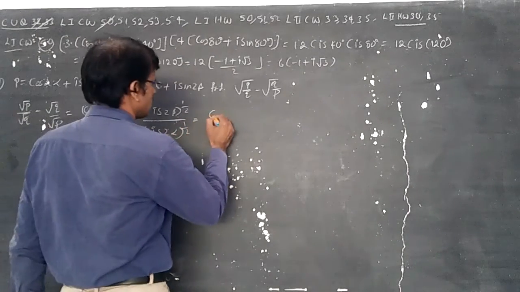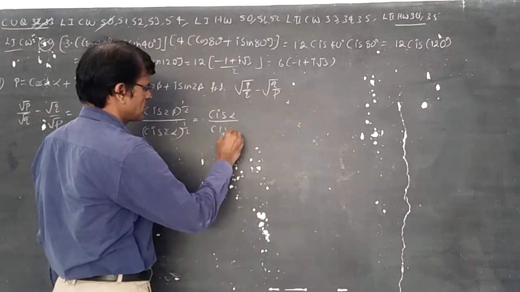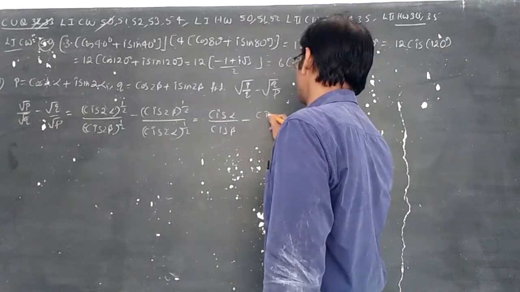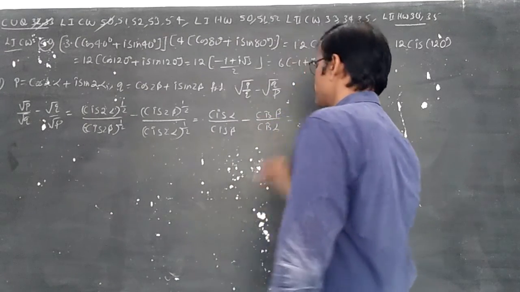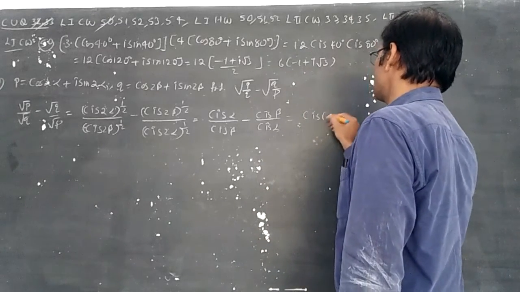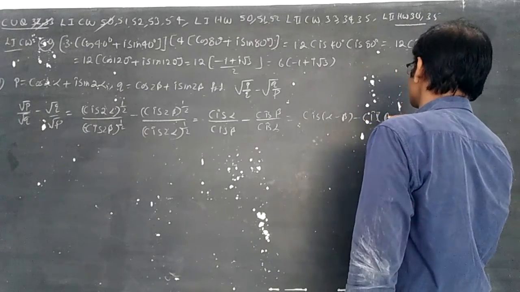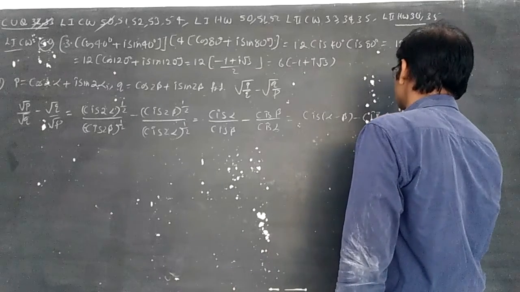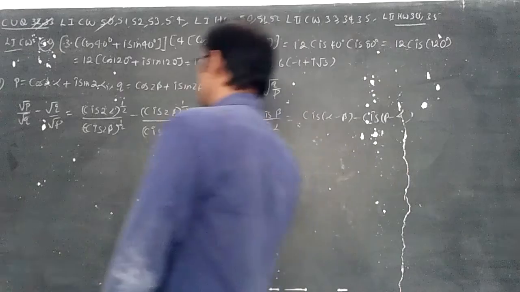So this can be written as cis alpha by cis beta minus cis beta by cis alpha. This is cis of alpha minus beta minus cis of beta minus alpha.